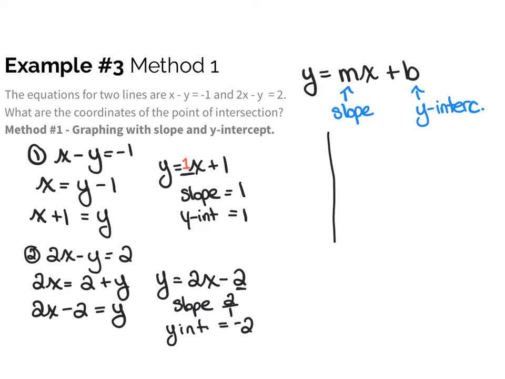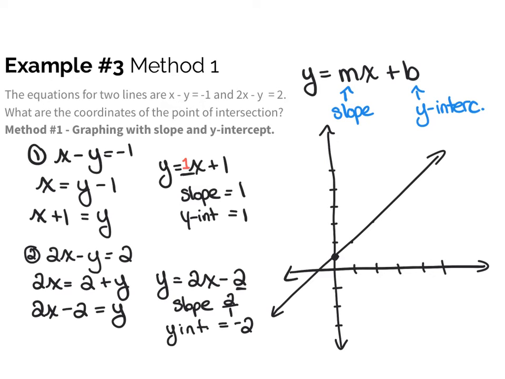And then I had us attempt to graph it. So we looked at this. For the first one, the y-intercept was at 1, and our slope was 1, which means we go over 1, up 1, over 1, up 1, and we made a nice line like this.